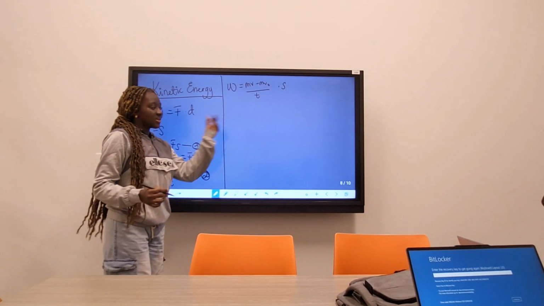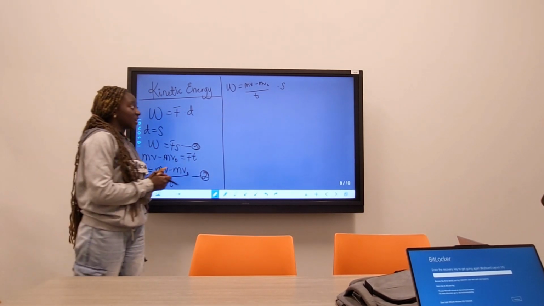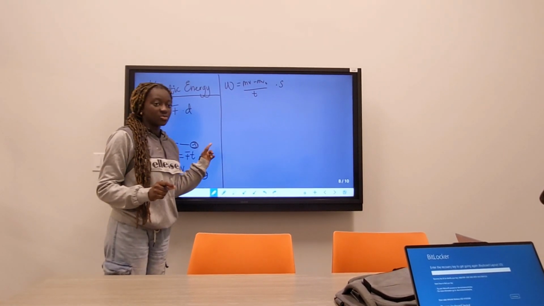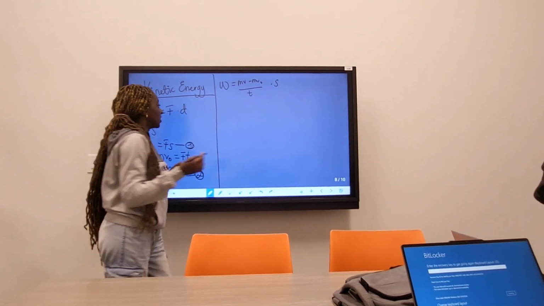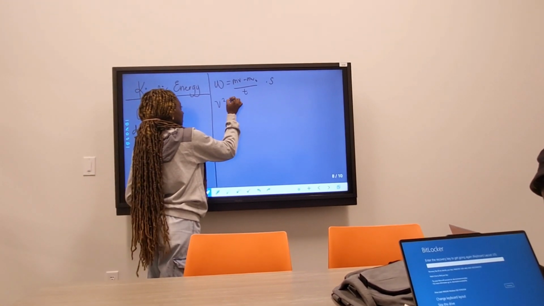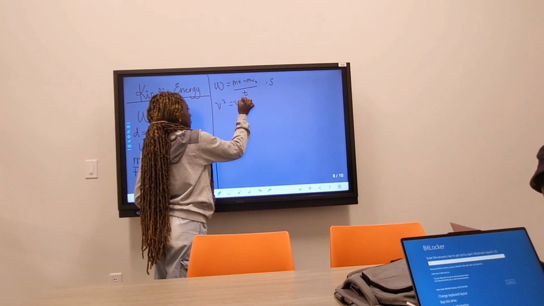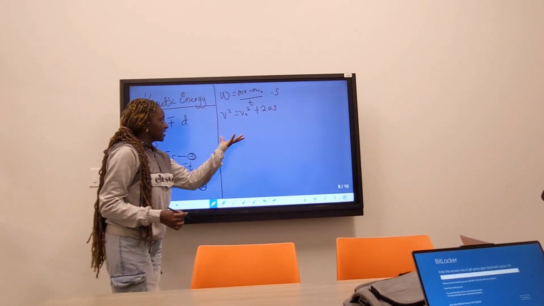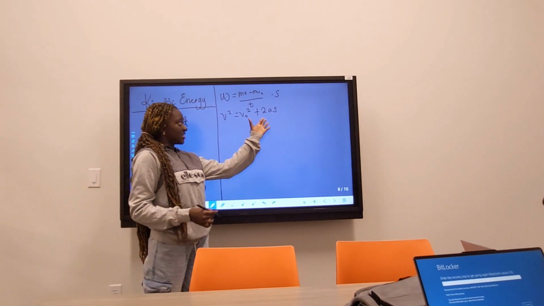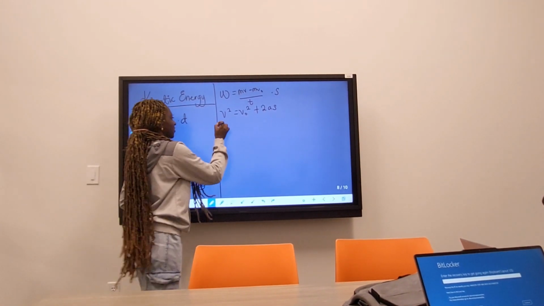We are also going to be using our Stewart equations to solve this. From our Stewart equations, we know that v squared is equal to v naught squared plus 2as, right? And we are going to make s the subject in this formula.